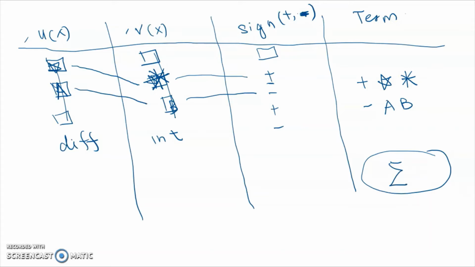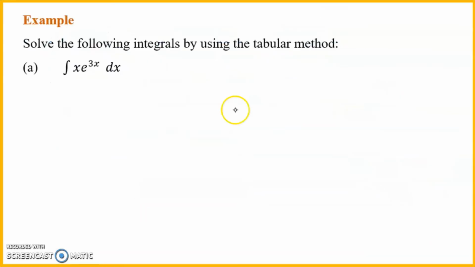Let's look at the examples now. In this example, the integrand is a polynomial function times an exponential function. So in this case, I'm going to choose u as x, because when I differentiate x, it will go to 0. And I will keep v as e to the 3x.